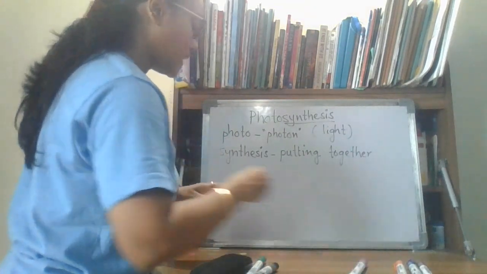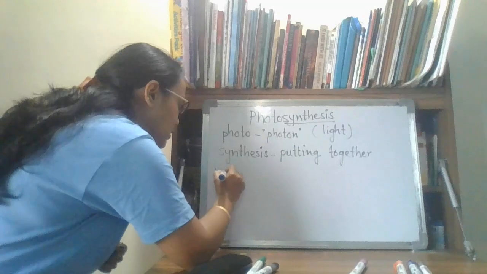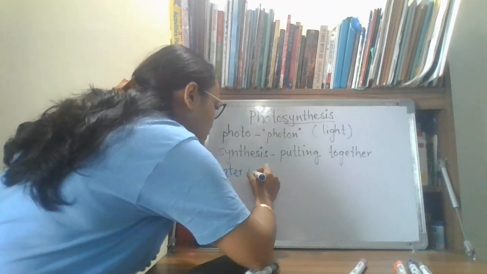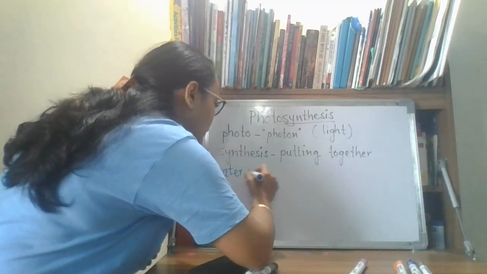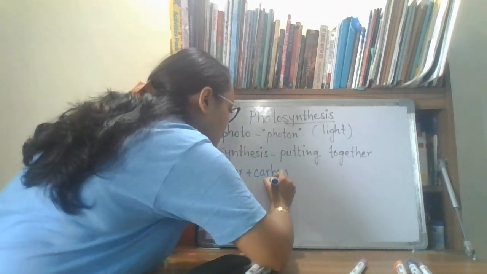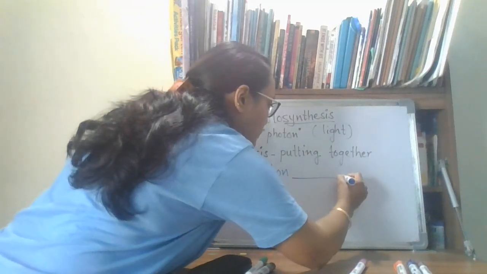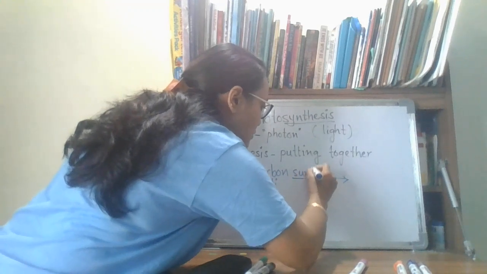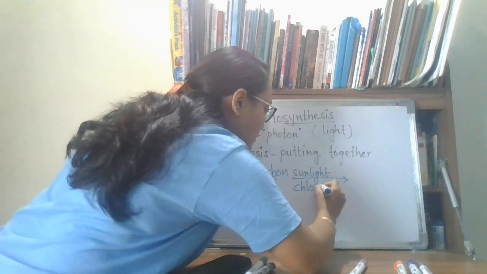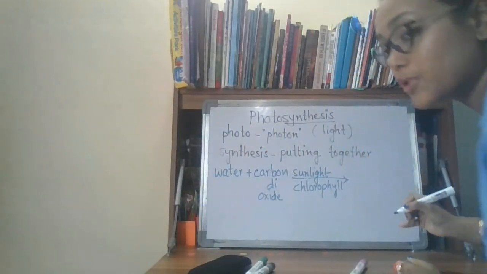Let's see what reaction goes on. Let us write: water plus carbon dioxide, in the presence of sunlight and the pigment chlorophyll, the plants produce carbohydrate.